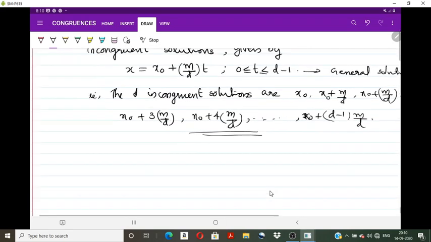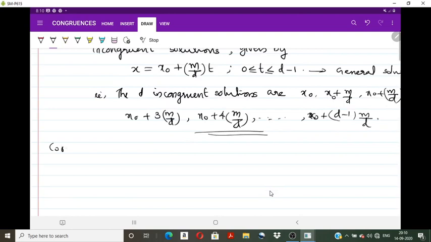Now there is an important corollary for this theorem. Corollary.